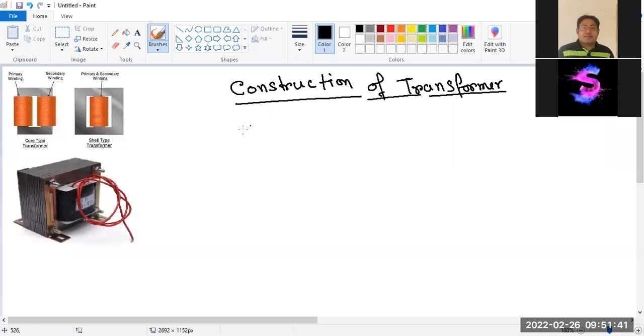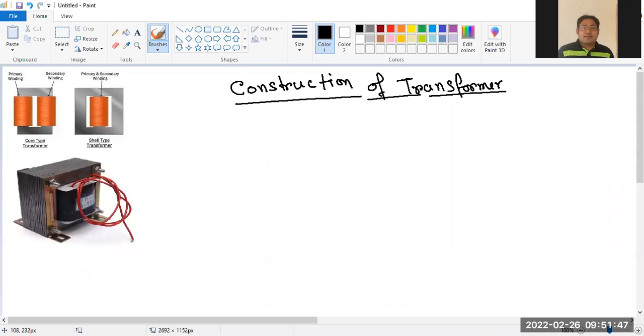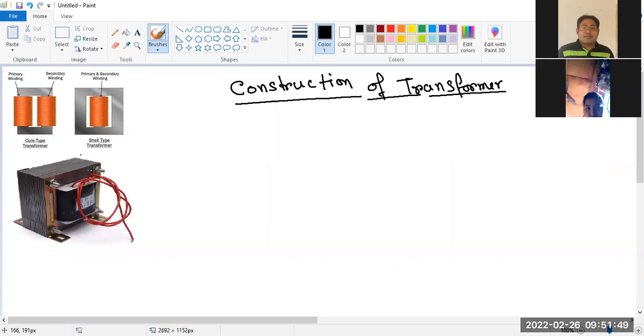Guys, yesterday you have seen this type of things in the transformer. Today you can see this type of construction. Now you already know that a transformer generally has two parts. The first one is the magnetic core, and this is the coil.